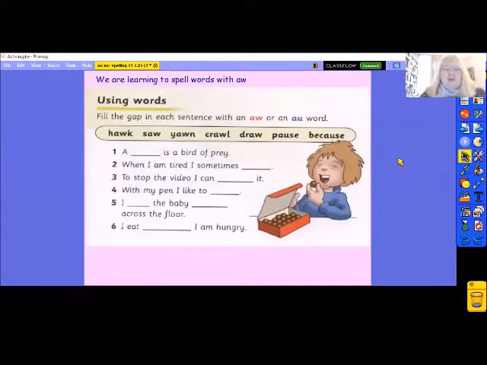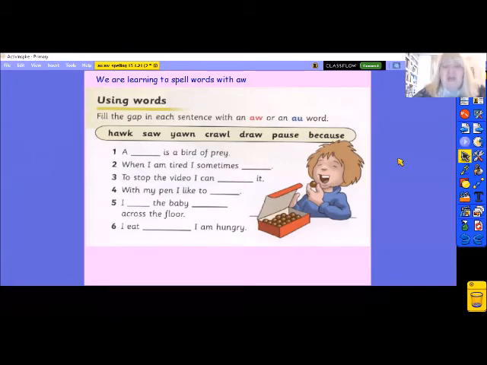Now, next part of this activity is to write some sentences using the correct words. And this is what I'd like you to stop the video and have a go. The words are there to help you, but they will make sentences that will explain some of what the words mean. Let's look at the first one.